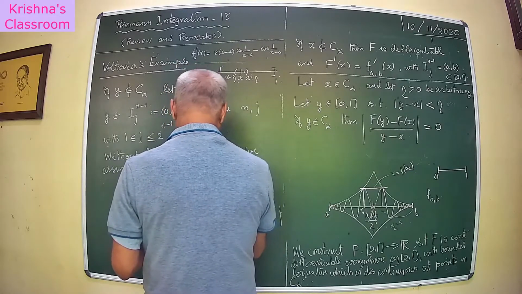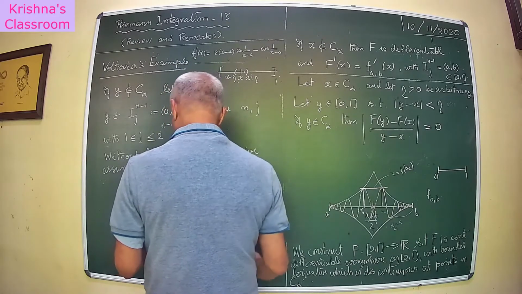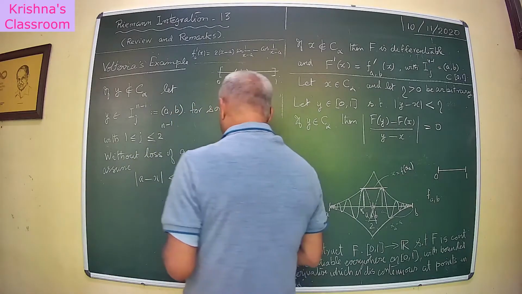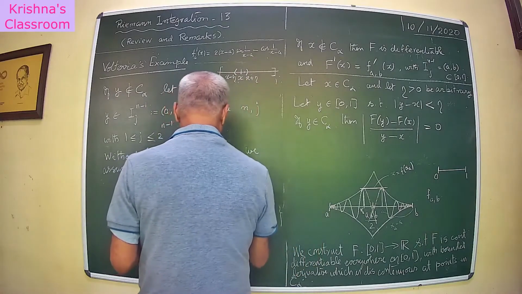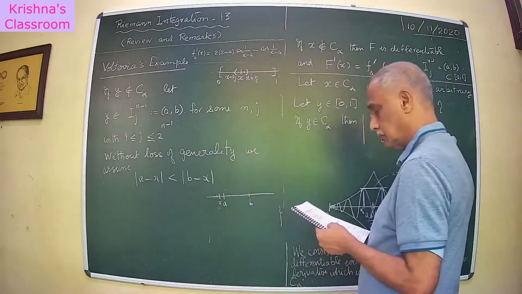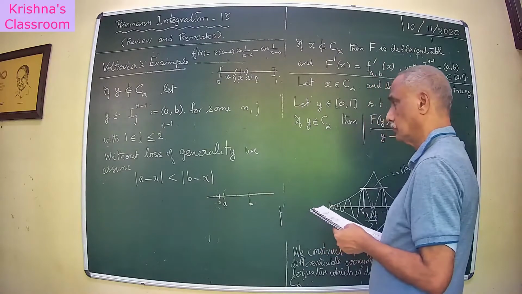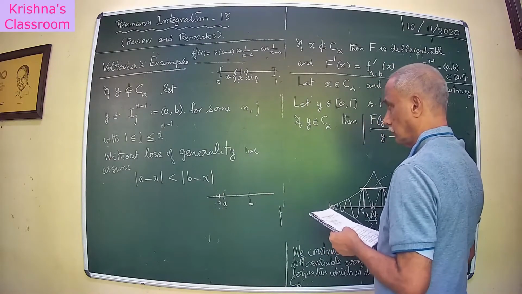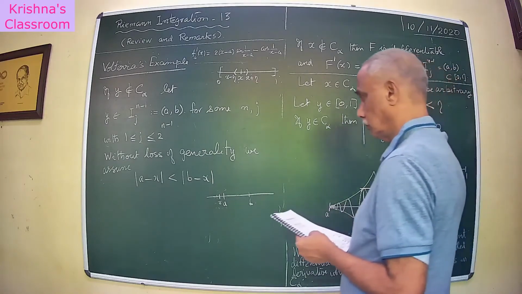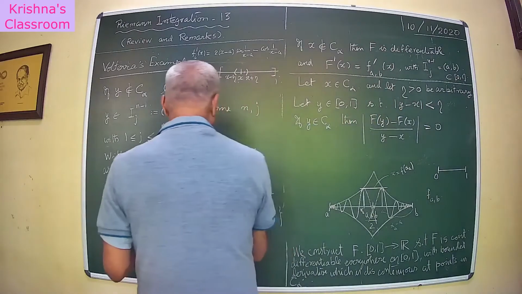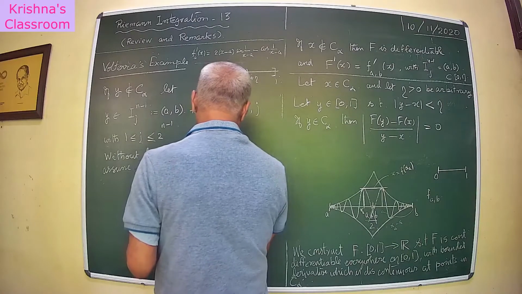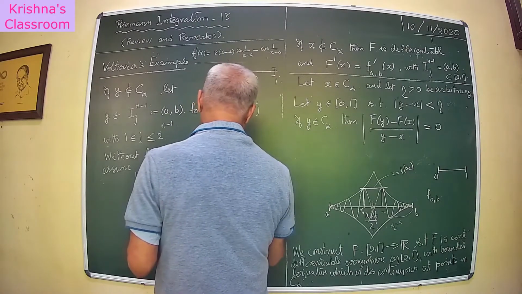So if x is some point, we assume that the distance between x and a is less than the distance between x and b.